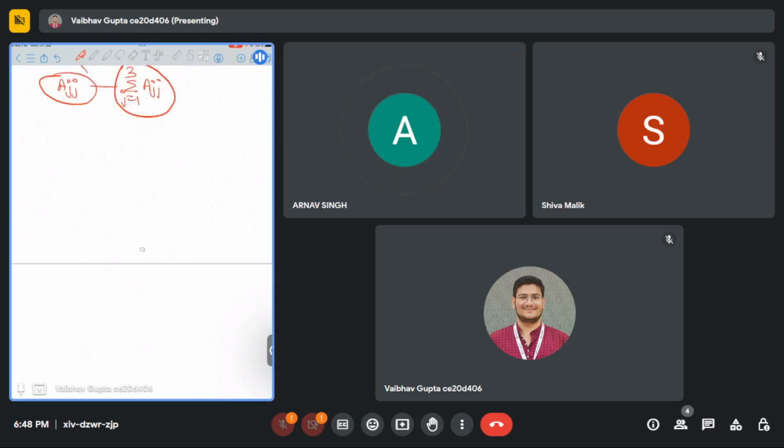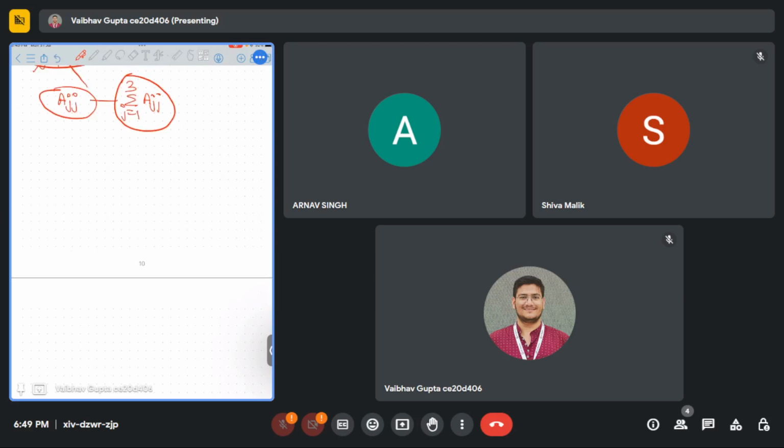Yes. So for this I'll solve one example for you, to show how to check whether the index is dummy or free. One second. So suppose you have this example.